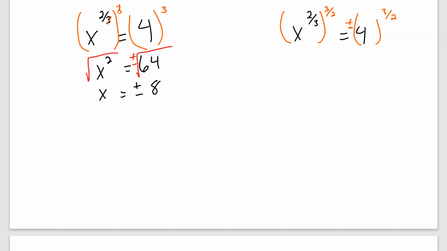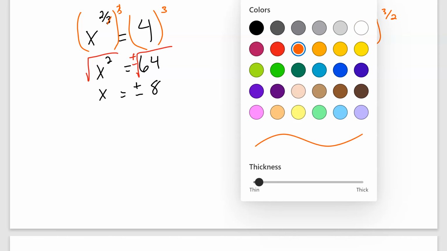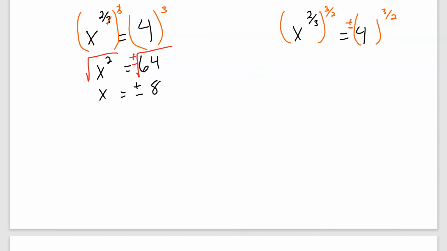And this is something that probably gets forgotten most of the time. On the left side, that's no big deal because that just becomes an x. On the right side, that does become an issue. We have to remember that that's a positive or negative 4 raised to the 3/2.